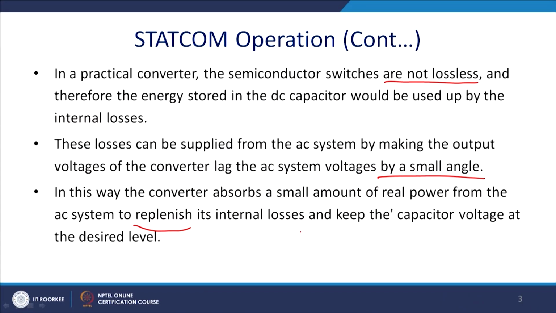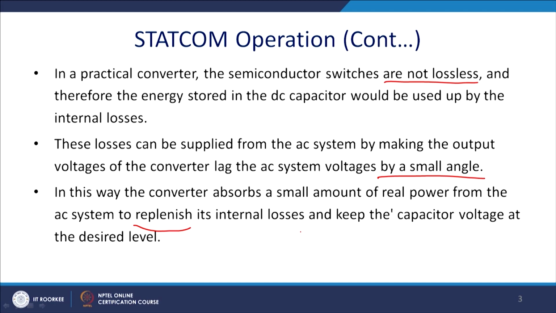These losses can be supplied from the AC system by making the output voltage of the converter lag the AC system voltage by a small angle. In this way, the converter will absorb a small amount of real power from the system to replenish its internal losses and keep the capacitor voltage at a desired level.